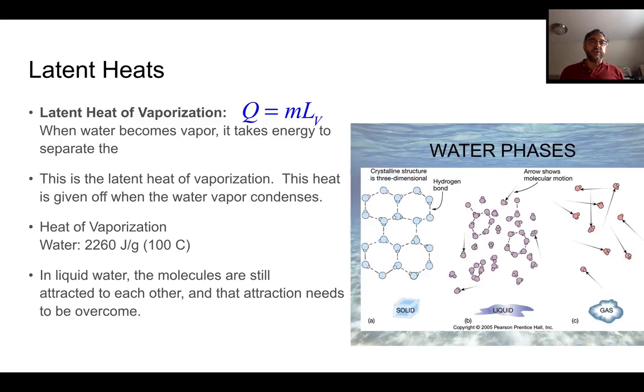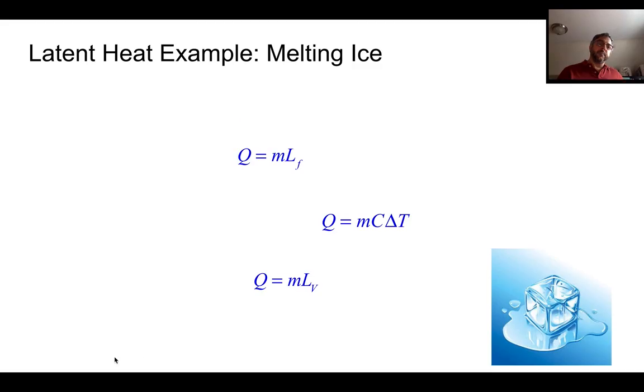For vaporization, again, I want to really move these molecules further apart and get them moving pretty fast. In order to do that, I need to put in over 2,000 joules per gram. Or if I want to condense the water, I need to take out 2,000 joules per gram and get it back into water.